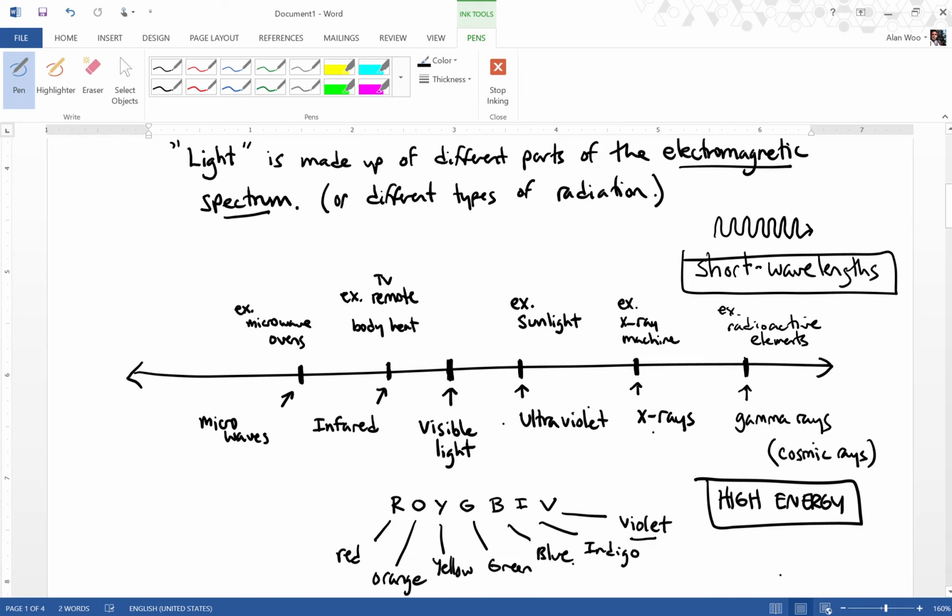Okay, so let's see. In between that, I apologize for running out of space. Maybe I'll just rewrite it here. So microwaves. Okay, over here we have cellular waves.